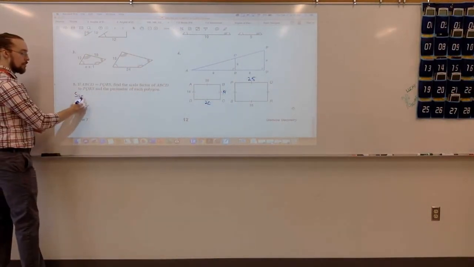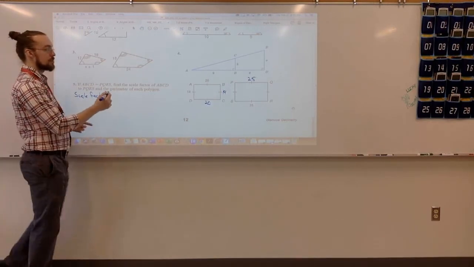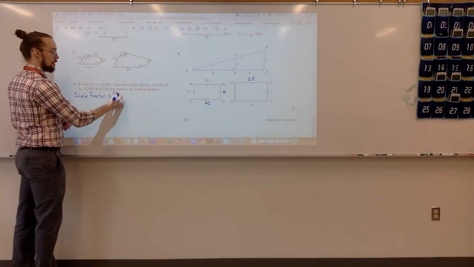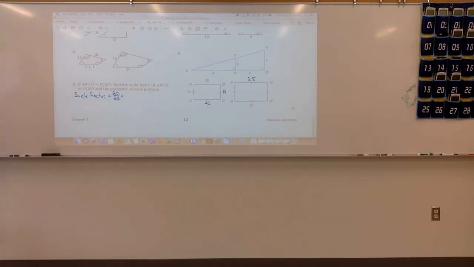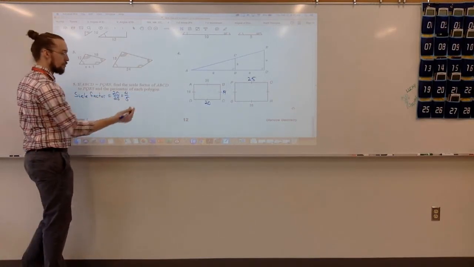So my scale factor, if I choose a pair of corresponding sides, I can do 20 and 25. So I'll write that as 20 over 25. And then we want to reduce a fraction whenever we can. So that would be 4 over 5. So my scale factor is 4 over 5.